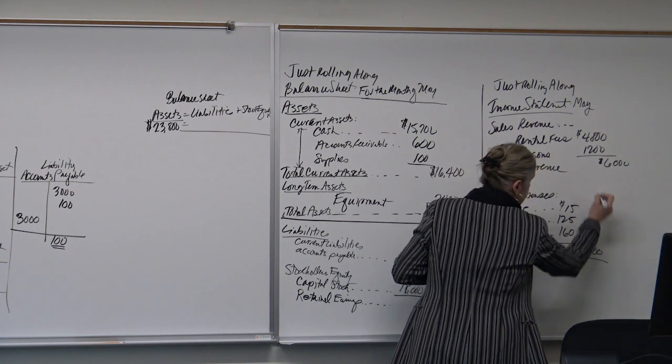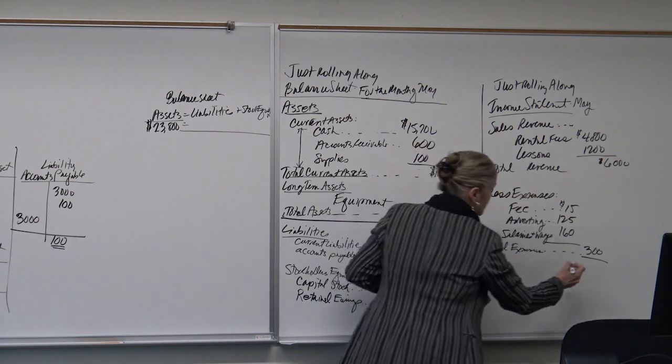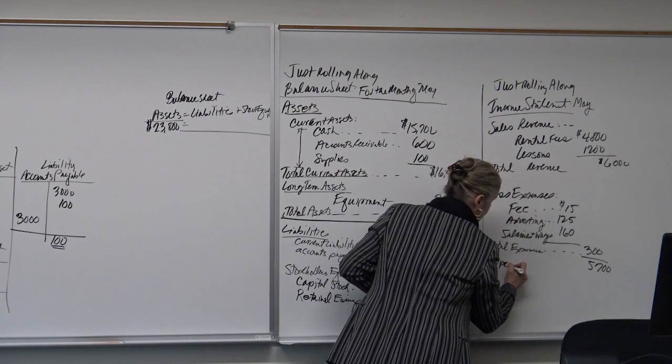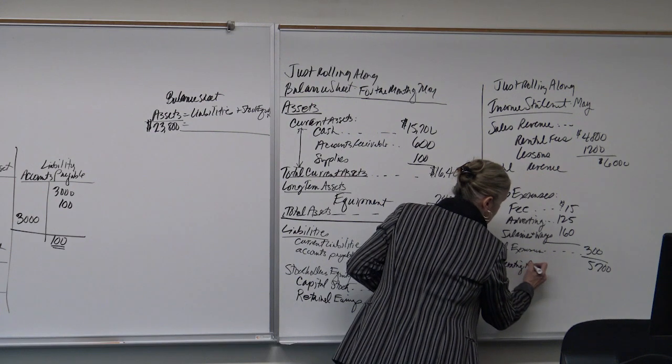I'm going to deduct that from the $6,000. I'm at $5,700 as my profit. That's what we're calling operating profit before interest or taxes.